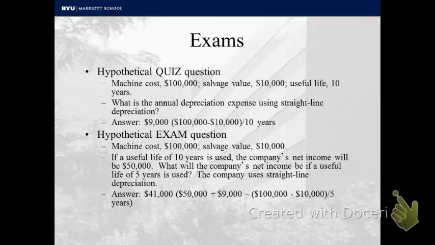Note that we're only dealing with 1 year here because depreciation expense happens in the year itself. So we're not going back to the very beginning and adjusting for any previous years. We're just dealing with one particular year.